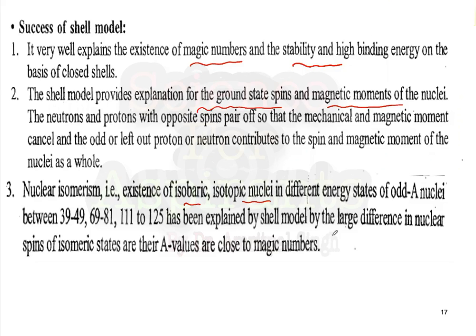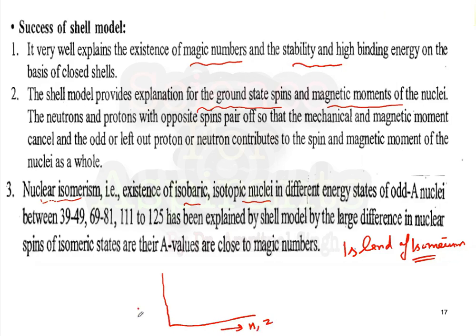They successfully explained this nuclear isomerism, which is also known as islands of isomerism. The shell model explains that if we plot the number of neutrons or protons with respect to the number of isomers, you will see that the majority of isomers are present in the range of 40 to 82.